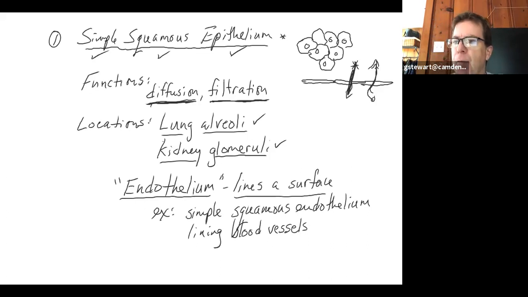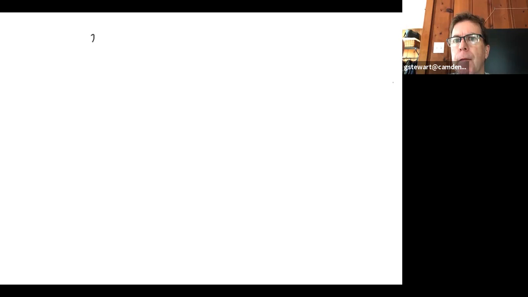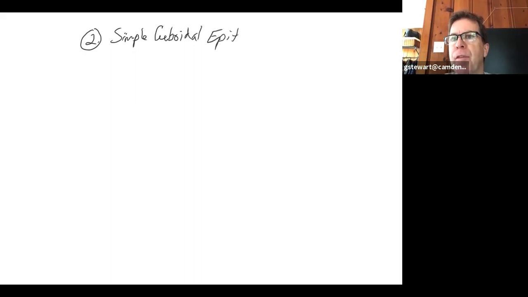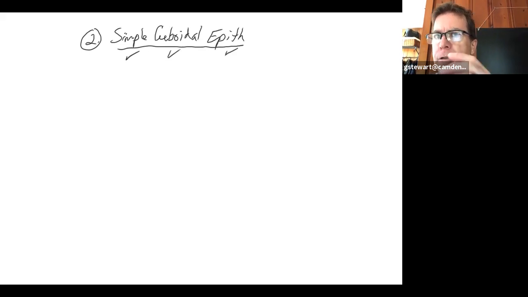So, number 2 on our list is going to be simple cuboidal epithelium. These are all in the study guide, by the way, that I posted on the Canvas page. I'm going to abbreviate epithelium just so we get out of here a little faster. You know what this means now? It means a single layer of cube-shaped cells that covers or lines a surface.